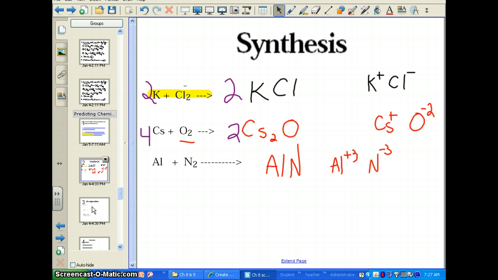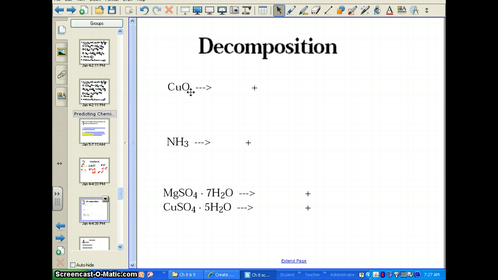Moving forward, if we have decomposition reactions, predicting the products is done in the same fashion. If we have one reactant in a decomposition reaction, then we need to produce two products. You're going to have to look at the reactants and decide, well, there's only two elements in the reactant.